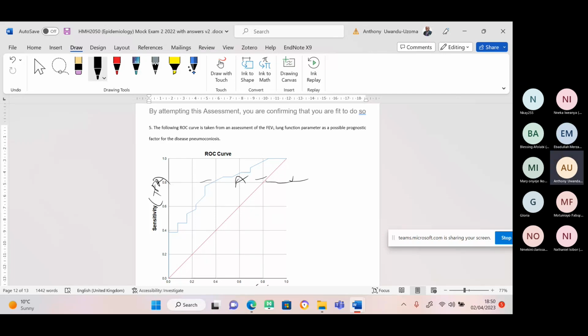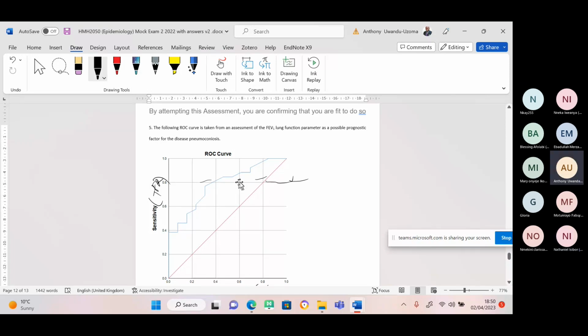You mean at point A? At this point here, where the two lines join together, that should be 40%, because we're doing 1 minus 0.6.